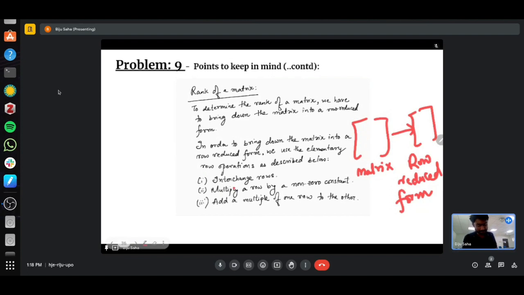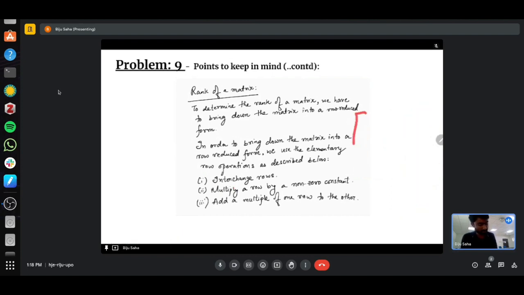You can interchange rows. Suppose you have a matrix, let's say this is the matrix. In order to reduce this matrix to row reduced form, you are allowed to perform the following operation.